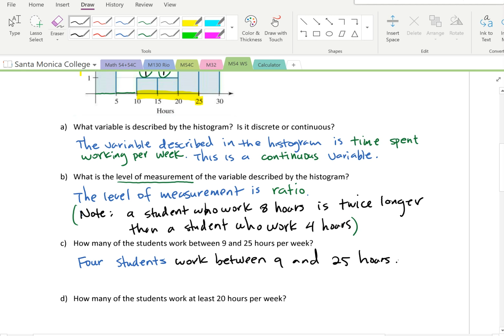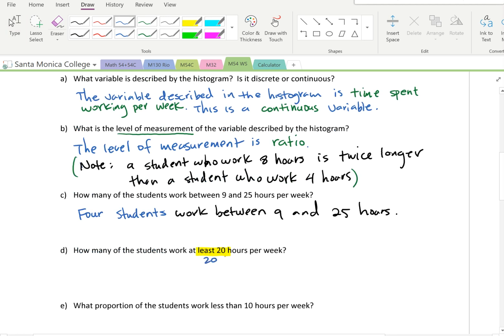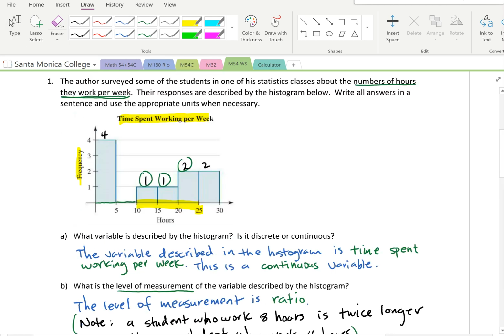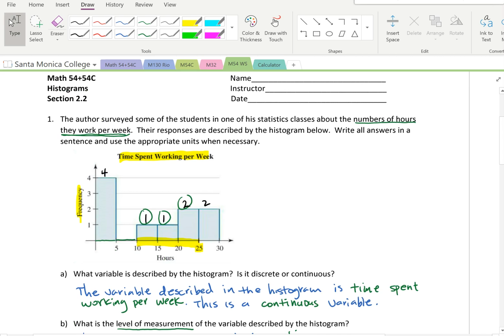Part D. How many of the students work at least 20 hours per week? The keywords are at least, meaning 20 hours or more. So let's look at my graph. Twenty hours or more, so I begin with 20.